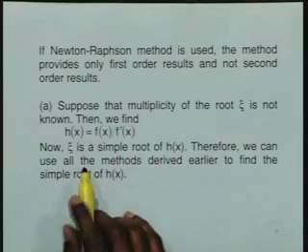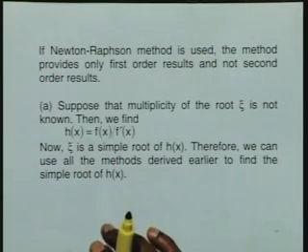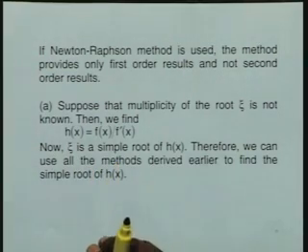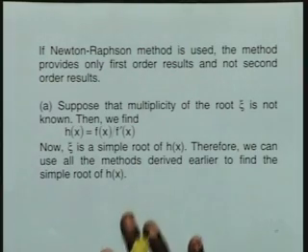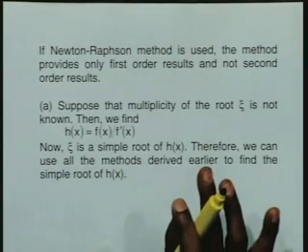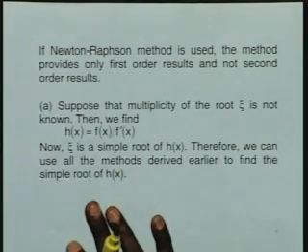This part we have discussed earlier. When we defined a simple root and a multiple root of multiplicity m, if I differentiate that function, then f dash x equal to 0 will have multiplicity m minus 1 at the same root.